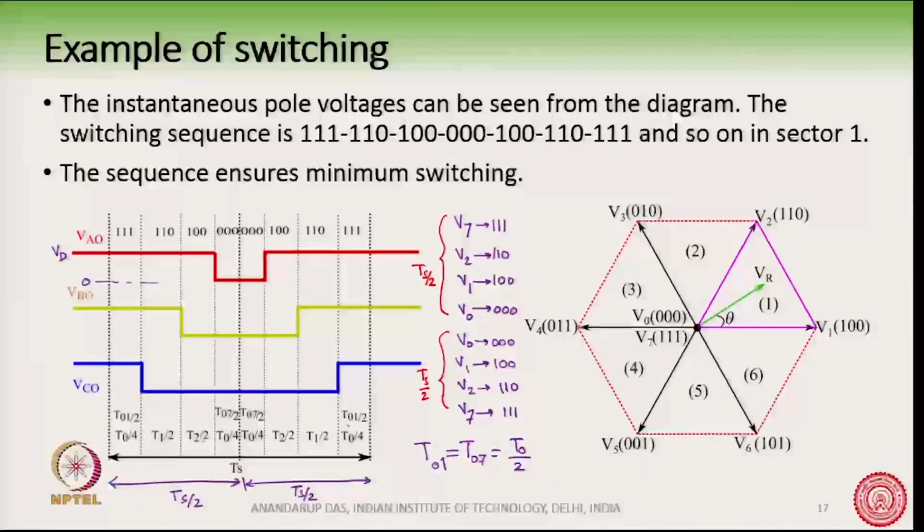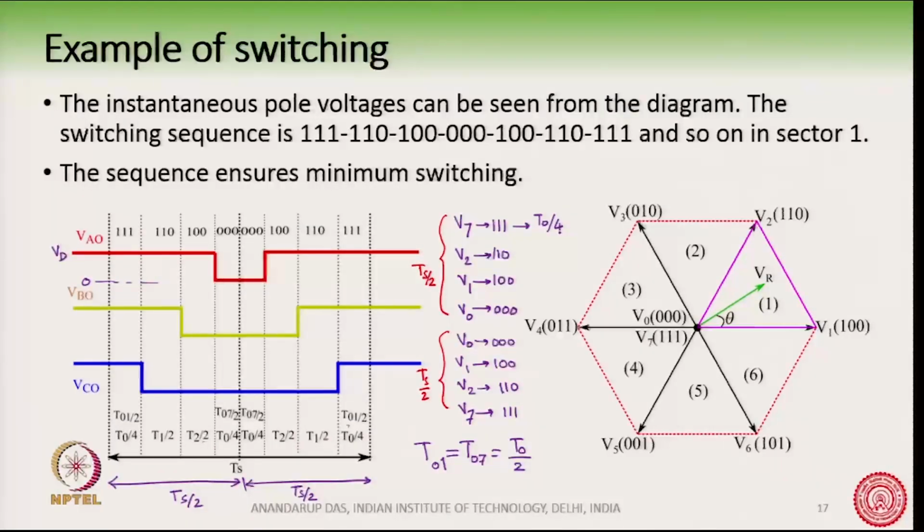So, therefore, in the first T0 by 4 time period we have 1 1 1, that means VAO, VBO, VCO all three are having a voltage of Vd. This is the timing interval T0 by 4, where all of them are 1 1 1.